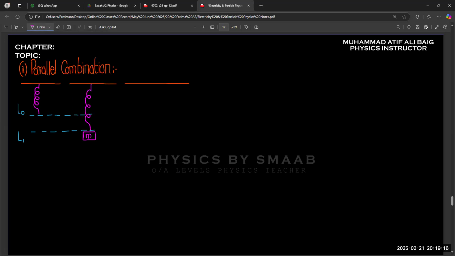And when we connect two springs in parallel combination like this, this is the combination we got from the parallel combination. This is the mass.